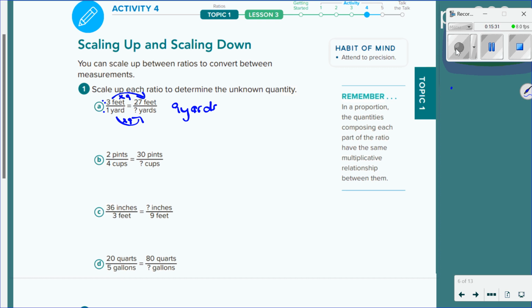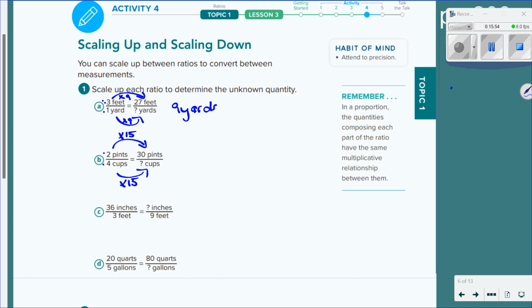Okay, remember, you are starting with the fraction that has a numerator and a denominator. So I'm starting at 2. What do I do to 2 to get to 30? By 15. What do I do to 4 now? Also times 15.